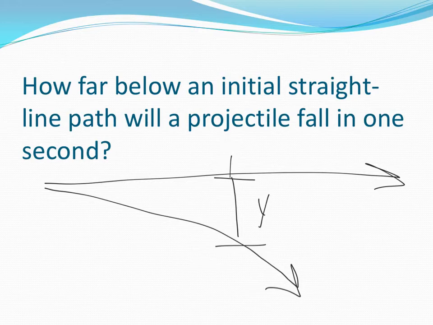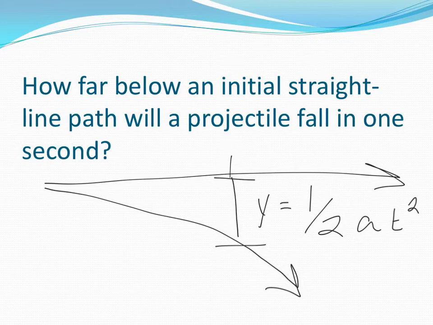So you should see that this is y equals V_i t, only we're going to disregard that because V_i is 0 because we're dropping it horizontally or throwing it horizontally. y equals V_i t, which cancels out, plus 1/2 a t squared. Distance fallen, gravity, negative 9.81, and this value right here is 1. If you plug in all these numbers, you get about 4.9. So in 1 second, an object will fall about 4.9 meters.